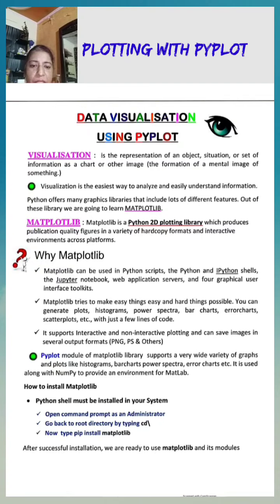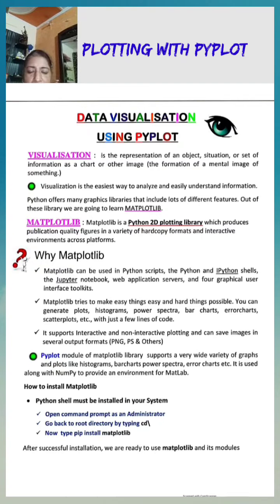All these methods are available, and we can integrate numpy and pandas as well to make our graphs. And it provides an environment same as MATLAB. MATLAB is a software that is similar to a mathematics laboratory.